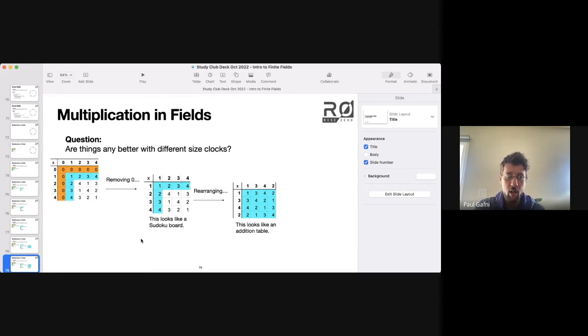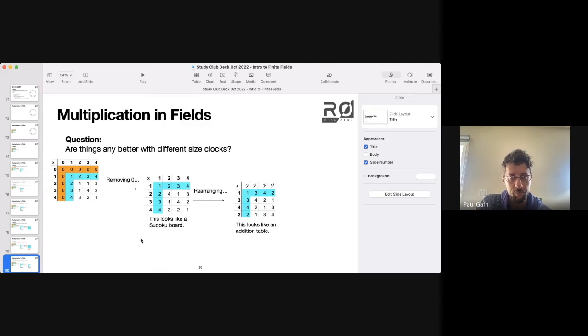If I take the multiplication table for any finite field and I remove the zeros, it's going to look like a Sudoku board. And if I can find the right way to rearrange the numbers on the top or on the edges, I can make it look like an addition table. And here's the cleverness that you need in order to find the rearrangement.